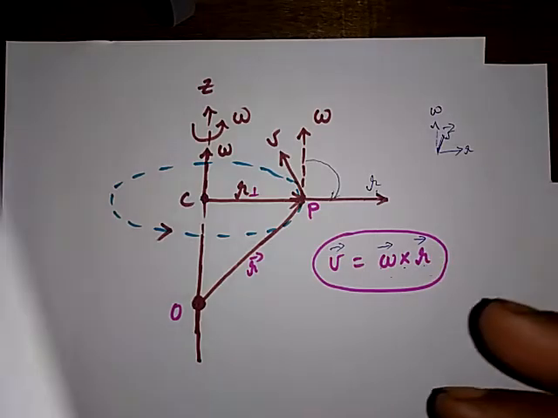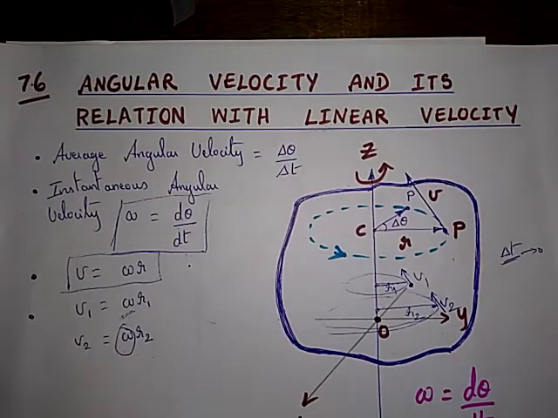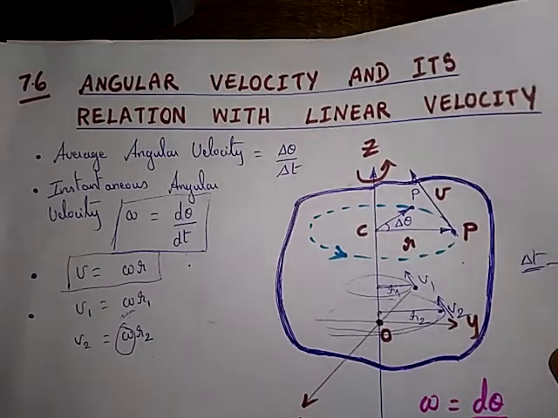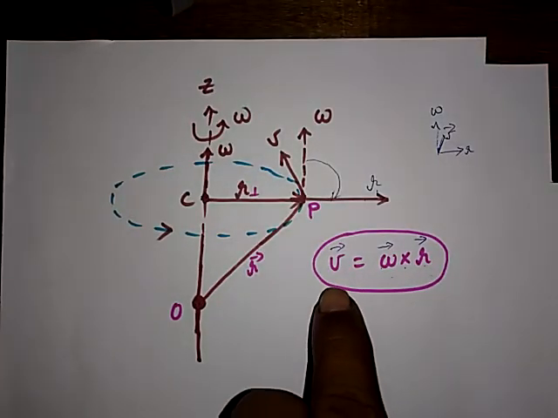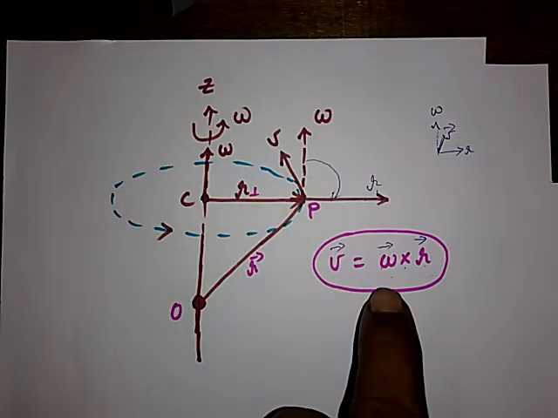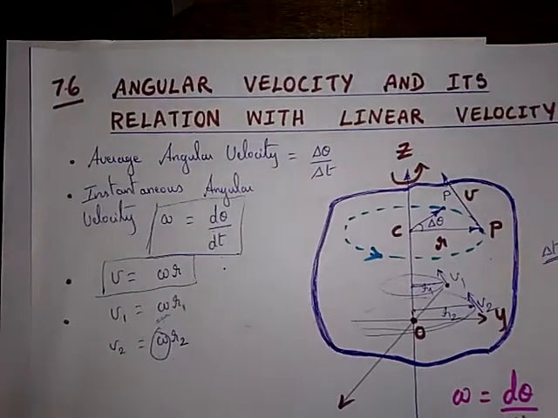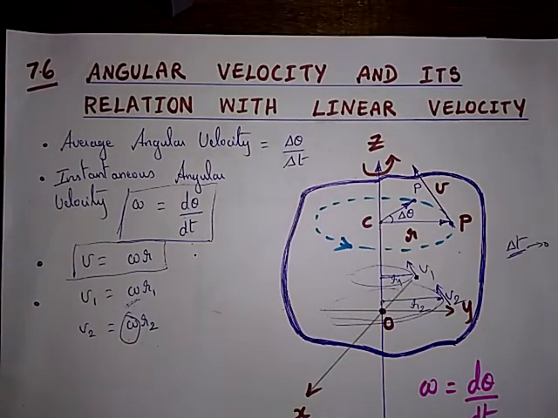That's all about angular velocity and its relation with linear velocity. We have seen two cases: the general formula, and expressing linear velocity as a cross product of omega and r. Hope you have understood this topic on angular velocity and its relation with linear velocity. Thanks for watching.